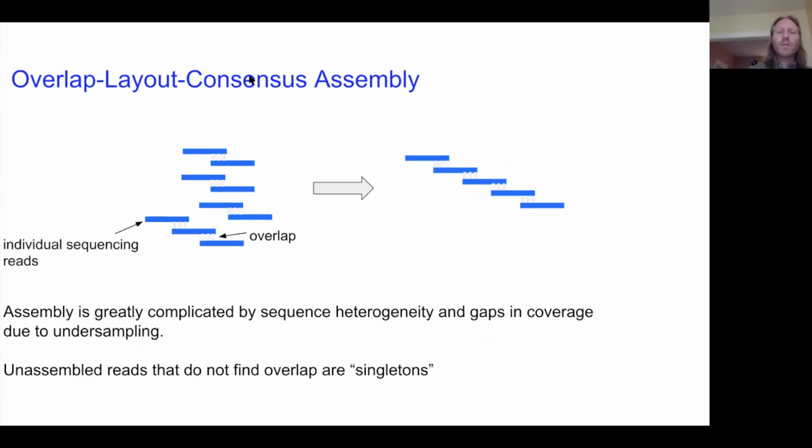The overlap layout consensus method takes individual sequencing reads, finds all of the overlaps, and then matches them together into the longest contiguous DNA fragment it can. But this assembly process is very much complicated by heterogeneity in the sequences. For example, if you have a diploid genome where you have different isoforms on each strand or on each chromosome, then that can make it very complex.